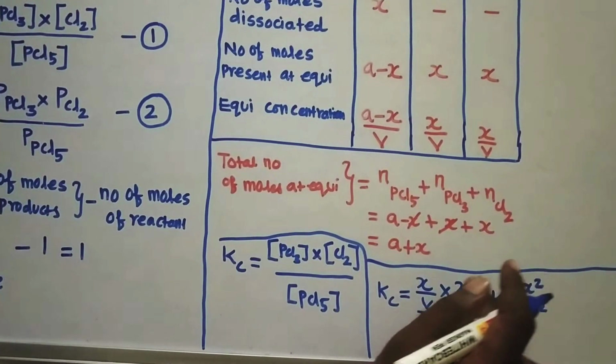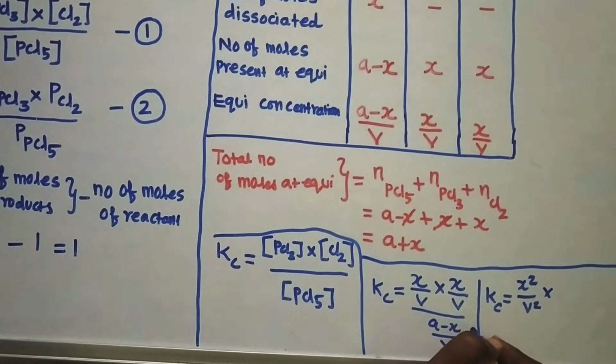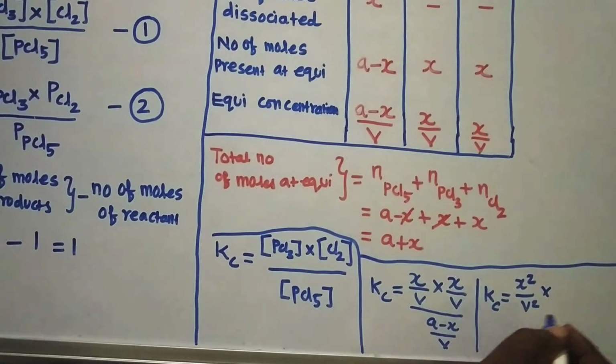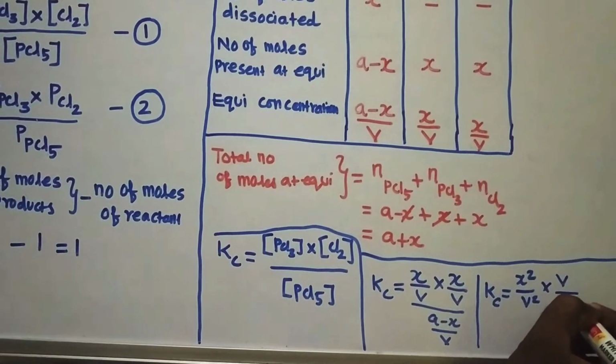X and X give X squared, V and V give V squared, divided by A minus X over V, which on reciprocal multiplication becomes V divided by A minus X.